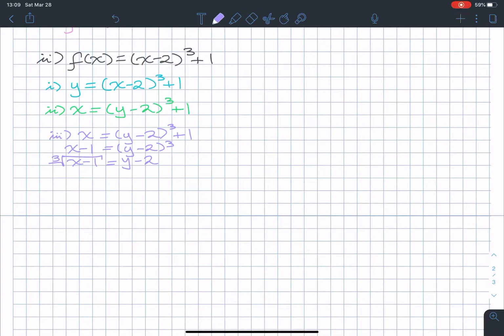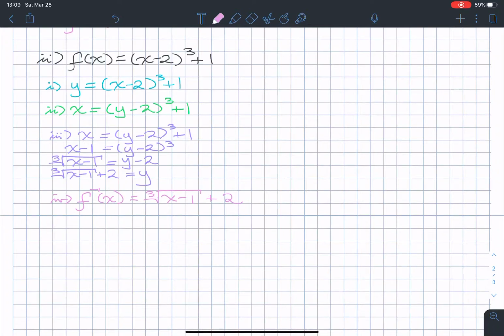And let's add 2, so the cube root of x minus 1, to which we're adding 2, will be equal to y. Finally, step 4, I rewrite that y as f inverse of x. So f inverse of x is the cube root of x minus 1, to which I'm then adding 2.